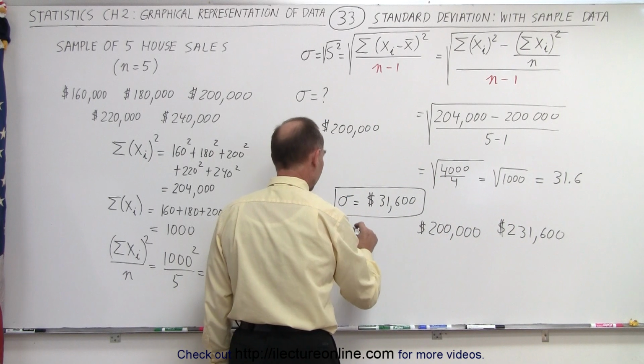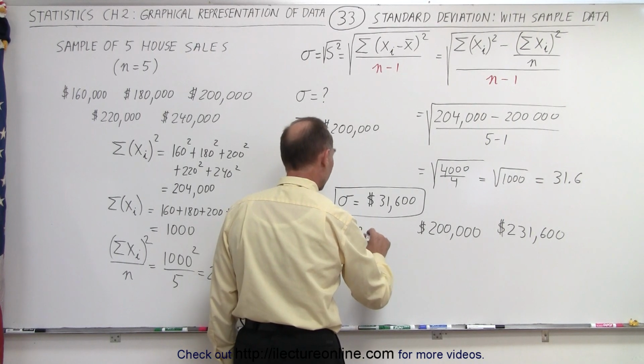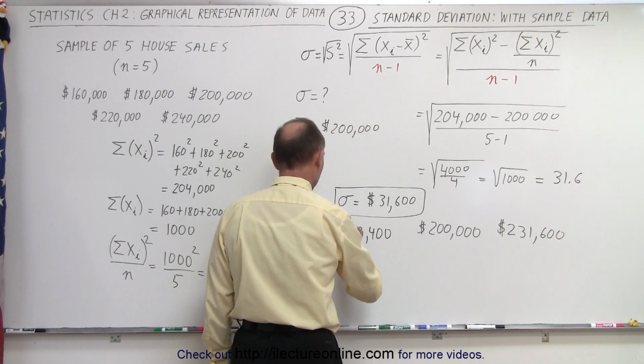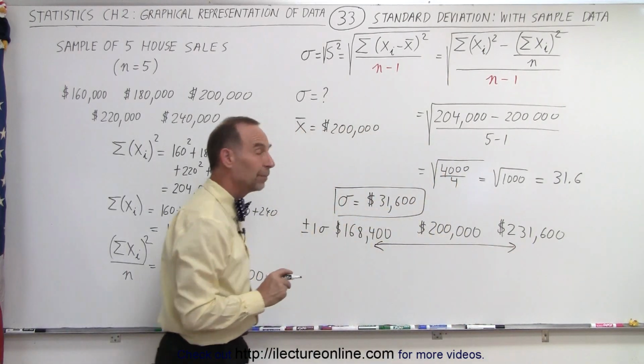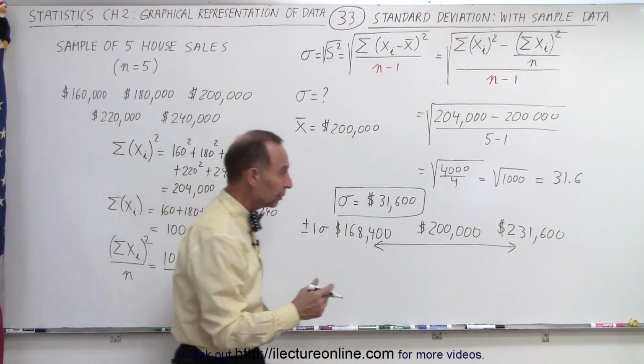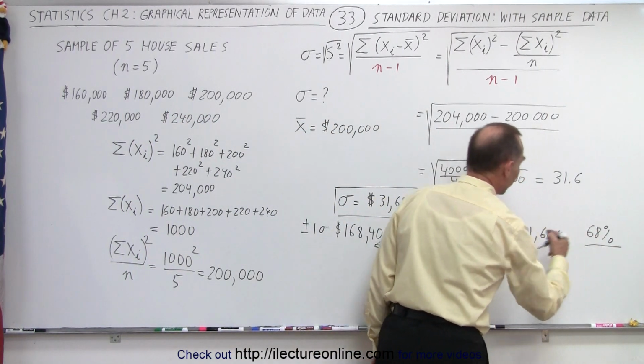And when we subtract from that, that would be equal to $168,400. There we go. So that would be the range for plus or minus 1 sigma. And again, as the empirical rule goes, we expect 68% of all our values to fall within that range.